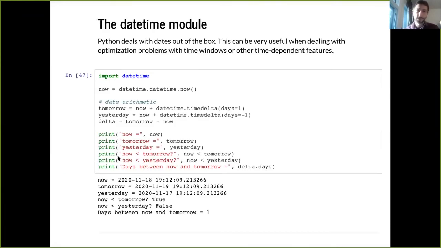So I want to give an example now of a very powerful module that is already built in Python. It's the datetime module. And that's a very nice thing about Python, that it deals with dates out of the box. And for us that work in OR, this can be very useful when we have optimization problems that have time windows or time-dependent features. So usually I generate my instances and I have time windows there, but all the time windows are actually dates in my textual file because it's easier for me to read.